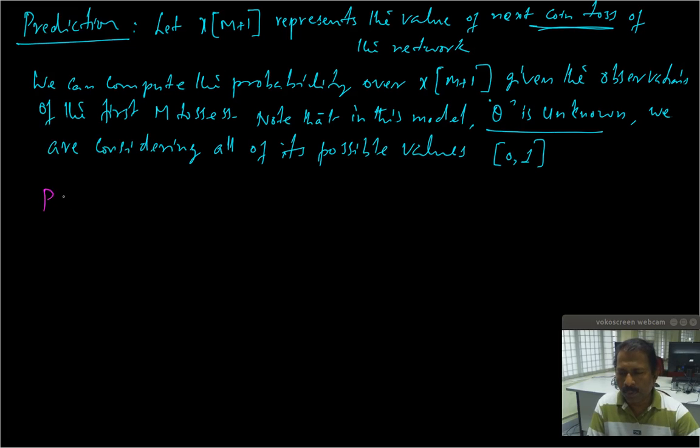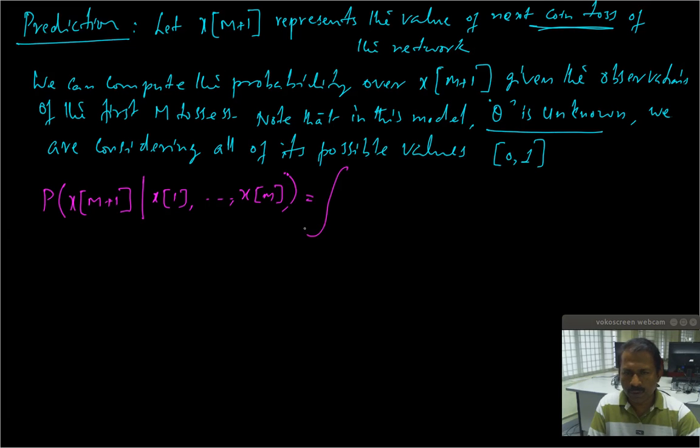So the probability of x, the next toss, given all the previous tosses, will be equal to, so basically, because we are taking all the range from 0 to 1, we have to use an integral symbol, because this is not a discrete value, it's a continuous value.